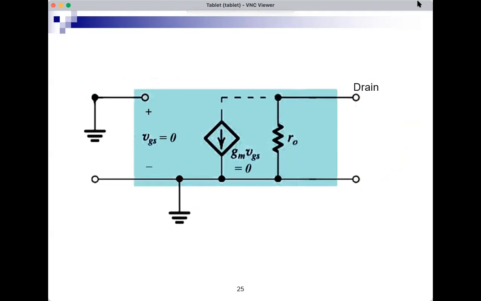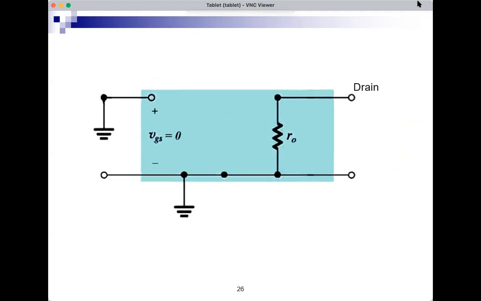Well, if VG is 0 and VS is 0, signal components are 0, it means that VGS is 0 because G is at ground and S is at ground. And this also means that GM VGS is 0. So what does the eye see? Well, it sees just small RO. The eye is here, right? And so what does it see?